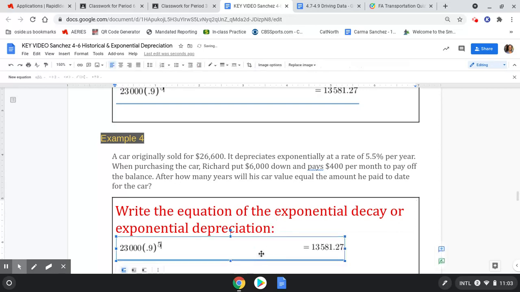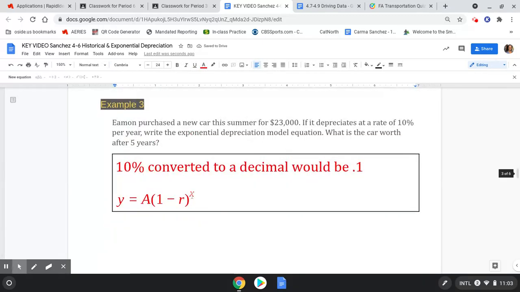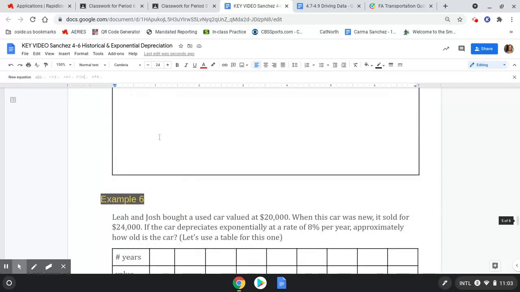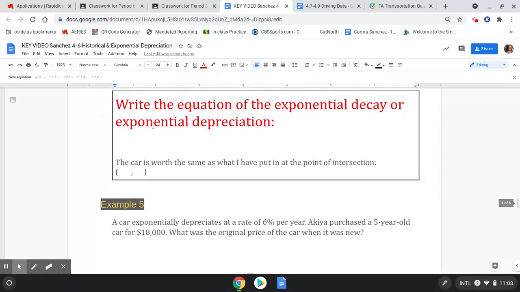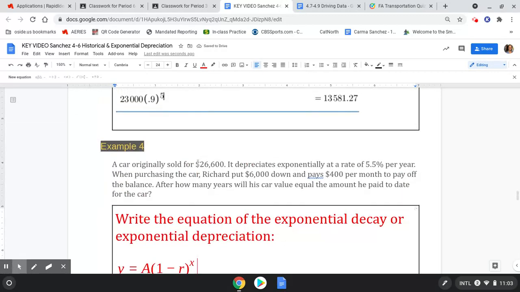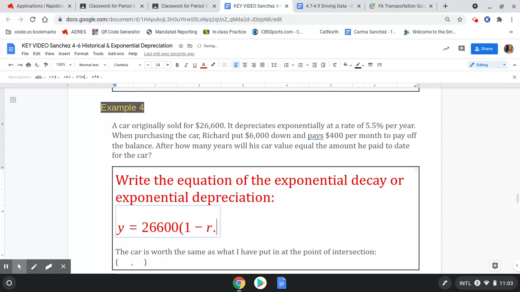Let's copy and paste it from up there to save us some typing time. They're telling us that it originally sold for $26,600 and it's depreciating at a rate of 5.5. So we're putting the starting value of $26,600 and the rate of 5.5 is going to be 0.055.